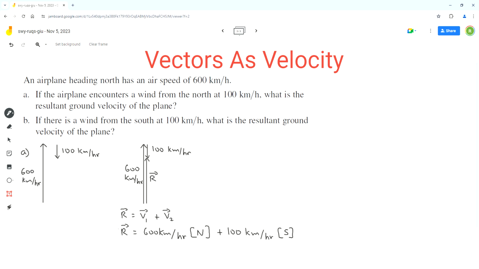Now the wind is blowing from the north, so that's why the direction of the wind's velocity is south. Now we cannot add these two vectors algebraically because they have different directions. So we have to change the wind's velocity direction from south to north, and that will make the vector negative.